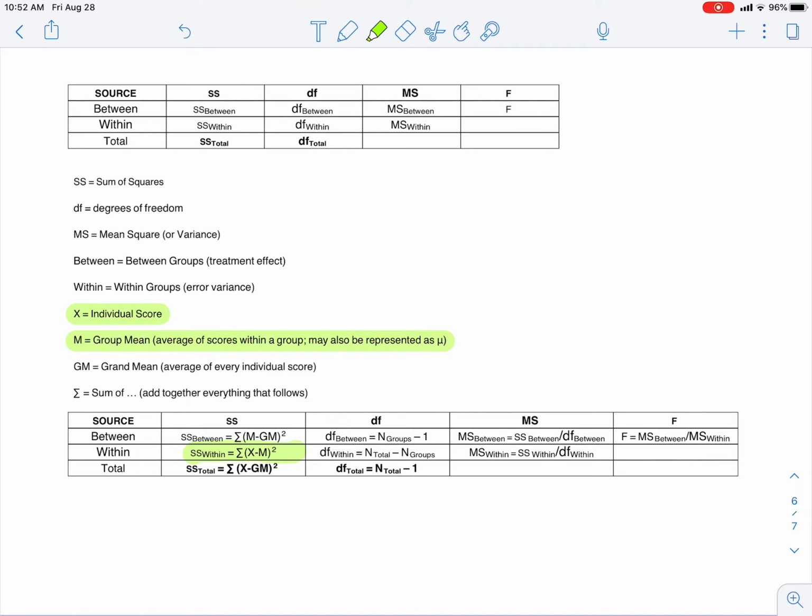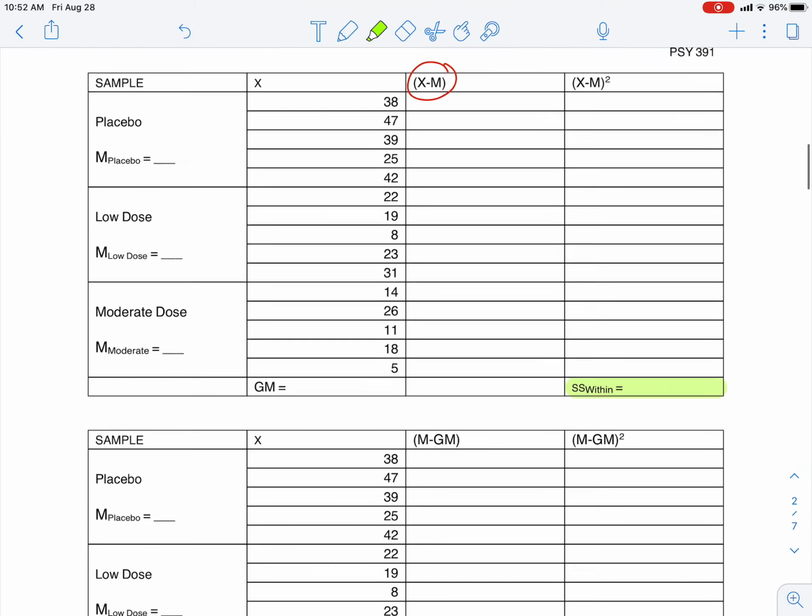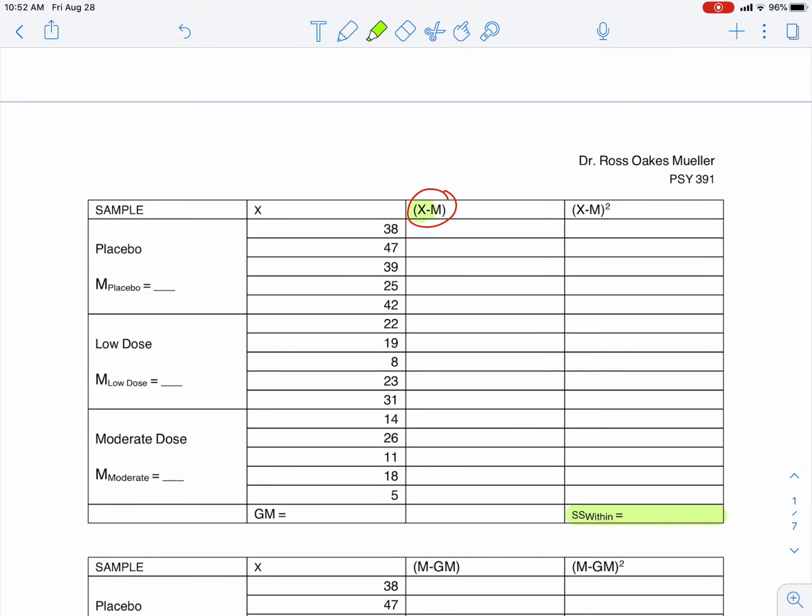Okay, so what I need to do for this is calculate the difference between the individual score and the mean. For each one of the participants, they have an individual score right here, and they're going to have a mean value. Now, I haven't gone through and calculated this.